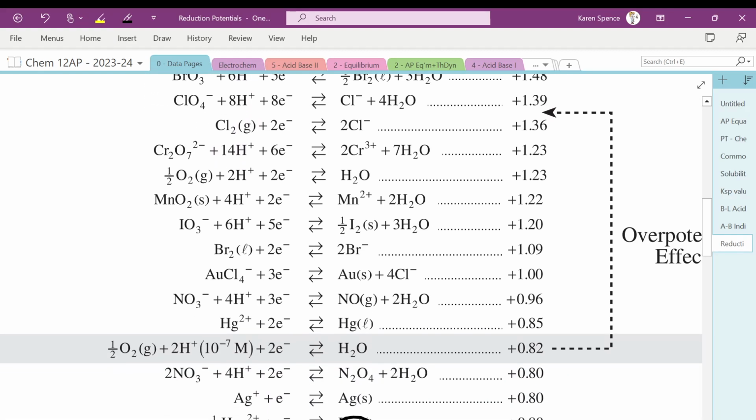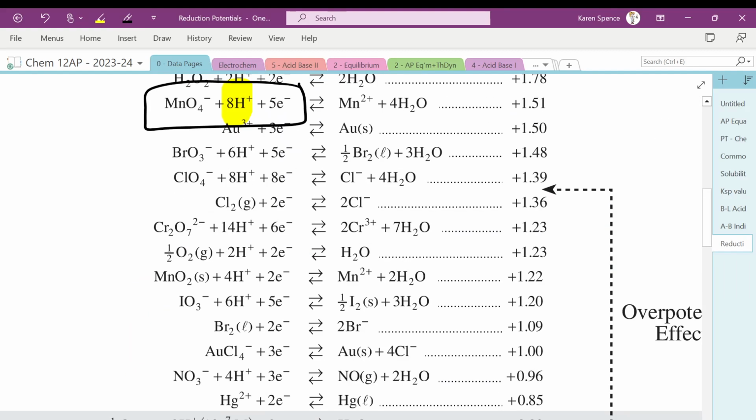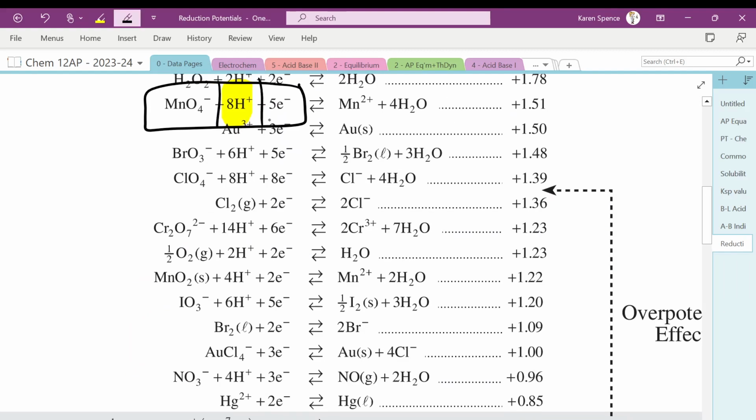Oh yeah, there is. This would be in either basic or neutral. If it was neutral permanganate, it would not react. If it was basic permanganate, it would not react. But it is acidified, so instead of having H2O here, we have another reactant that allows this other half reaction to take place, and that is a favorable reaction. Is that good?